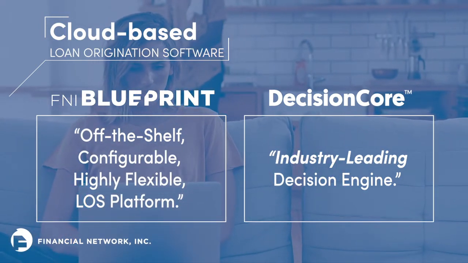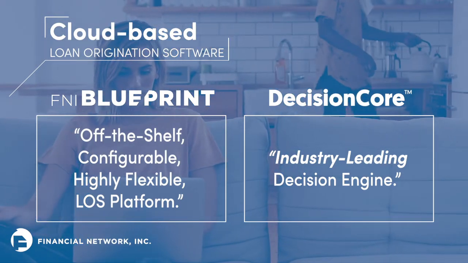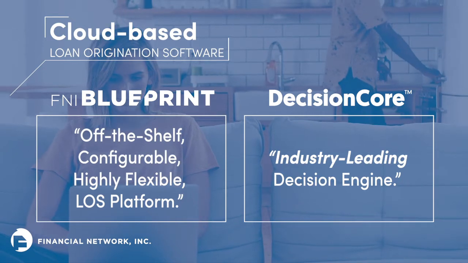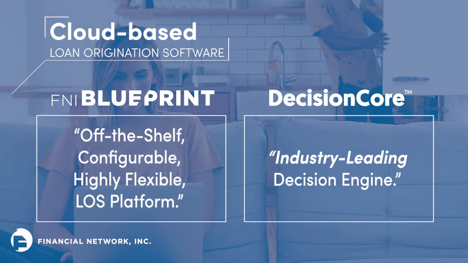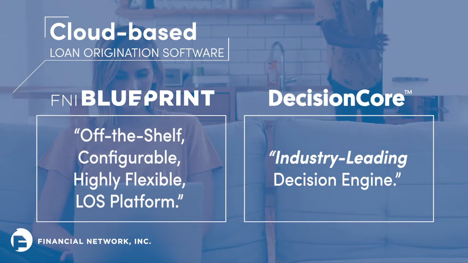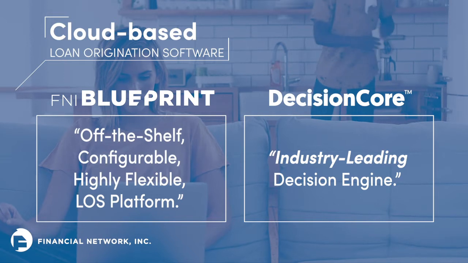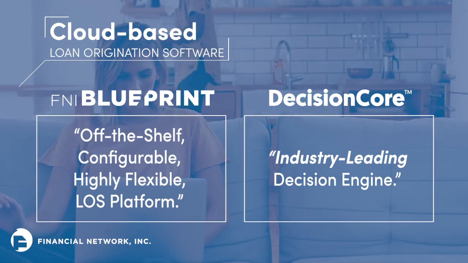So at the center of loan automation is decisioning, and we've got a really, really cool, robust decision engine designed to be leveraged by large custom shops via APIs, or by our second product, Blueprint, which is our off-the-shelf, configurable, highly flexible LOS platform.